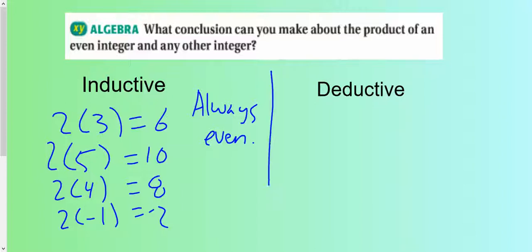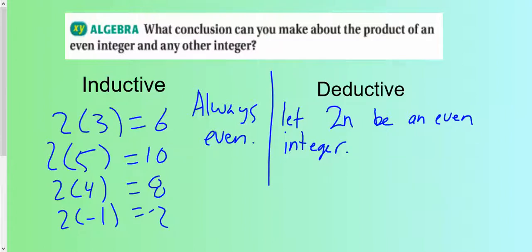Deductive reasoning is a little more complicated. So to do this one here, the product of an even integer. So let 2n be an even integer. So this is kind of like a proof. And the reason why I know that 2n is an even integer is because it's divisible by 2, so it has to be even.